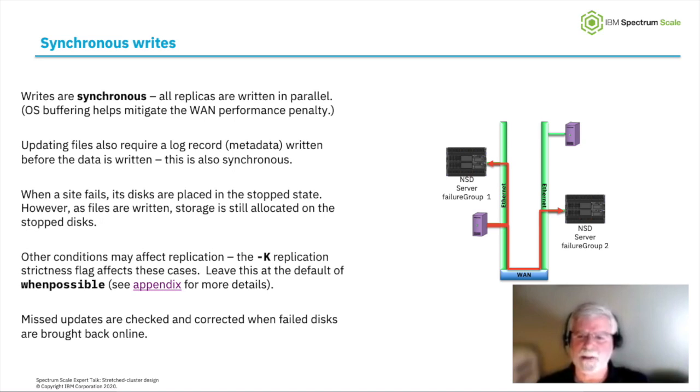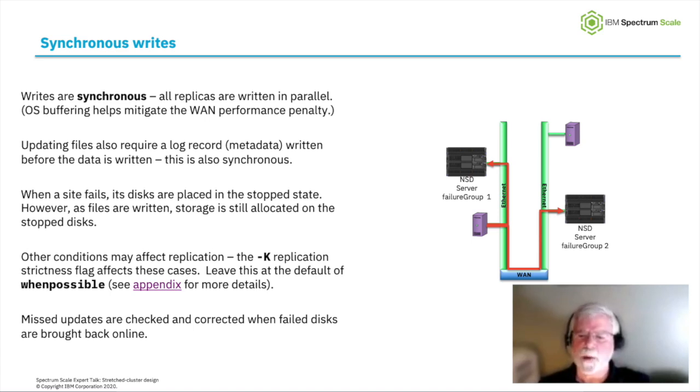It's the Spectrum Scale node, or most people call it the client, that's actually writing both replicas of each file system block to the NSDs. And this is an important point: it's not the NSD servers that are responsible for the replication. It's your application nodes, the NSD clients, that will be doing the replication.